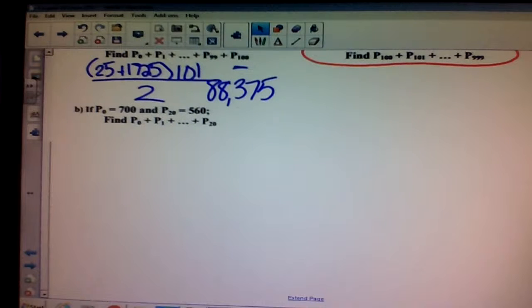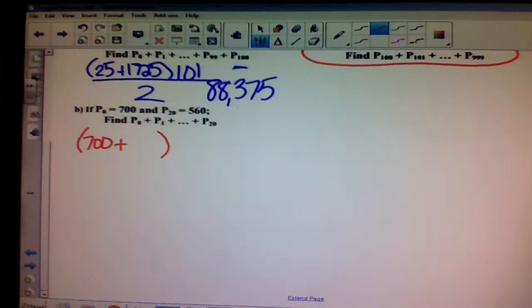Good? Okay, so let's look at this one. They give me P sub 0 is 700 and P sub 20 is 560. They want me to add up all the numbers that go from P sub 0 to P sub 20. So what's my first number? 700.